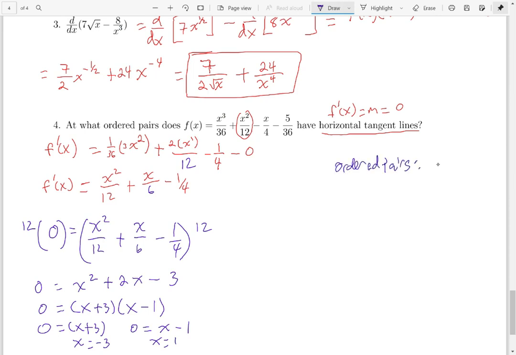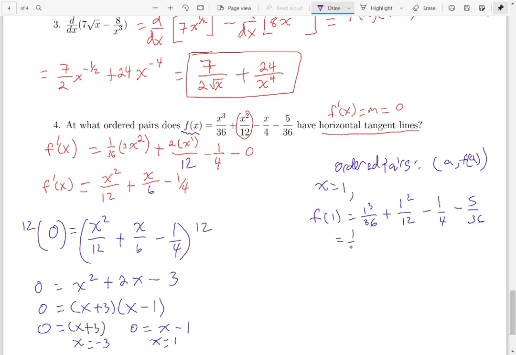The ordered pairs are just the points a, f of a. You just plug in that value we just found into the function and get the y coordinates. But remember we're going to plug it back into the original function. And so since our first x is equal to 1, then what's f of 1? Well, f of 1 is going to be 1 cubed over 36 plus 1 squared over 12 minus 1 over 4 minus 5/36.